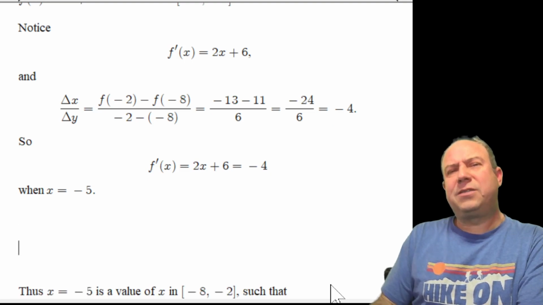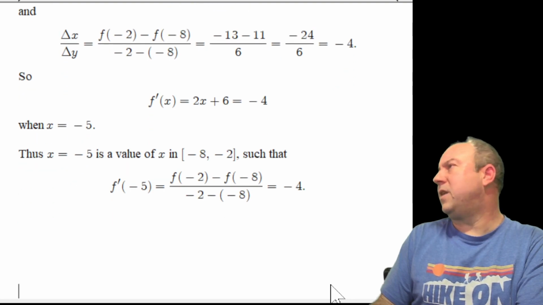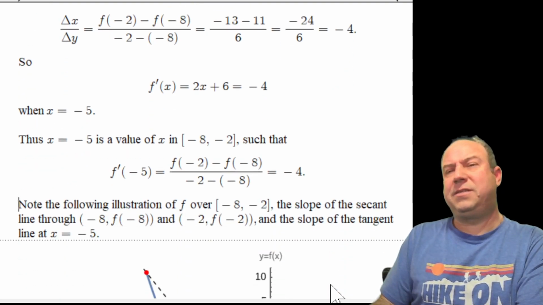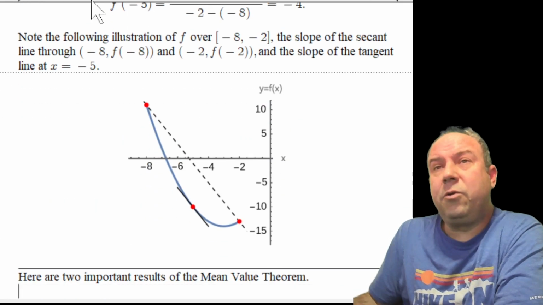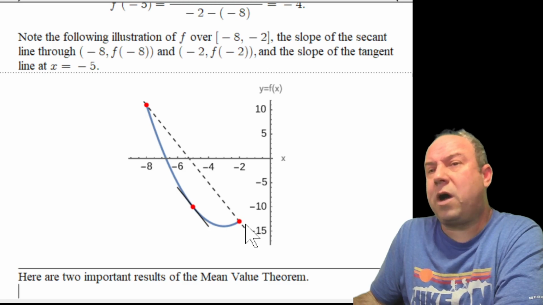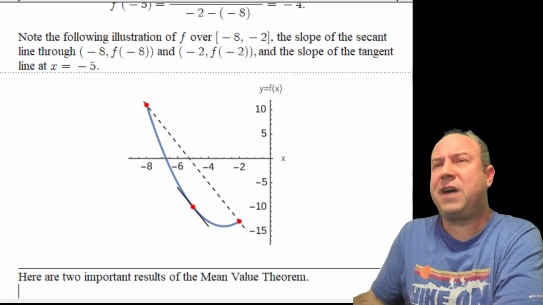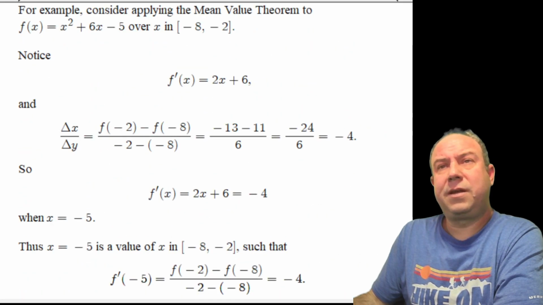I do think I support this graphically. All right, there's our result that I just concluded. And this can be seen in the following illustration here. Here we have our function, that quadratic function. What was it? X squared plus 6x minus 5. I think that was it. All right.